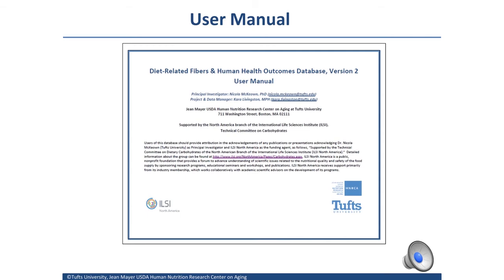It's an important component of the project, so I feel like you can't overstate that users should download it, and we recommend carefully reviewing it before embarking upon a project utilizing the database. It contains detailed information on the overall database, on the variables, and also nuances of the data that you might otherwise not know.